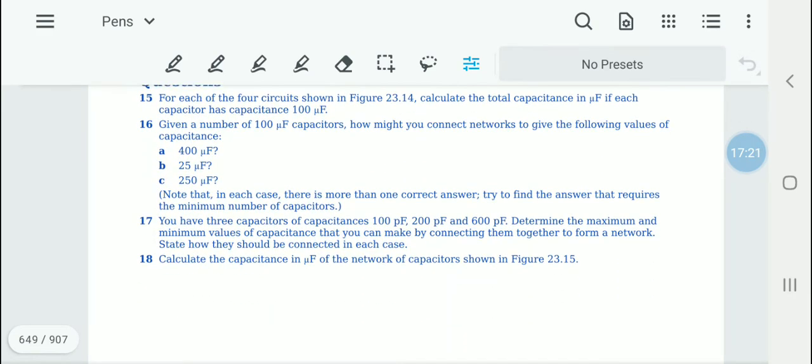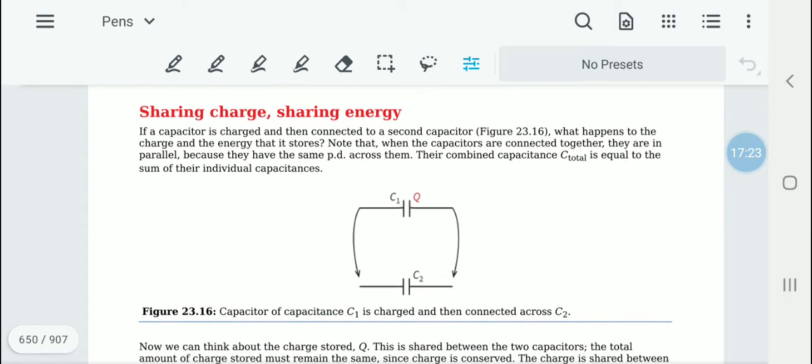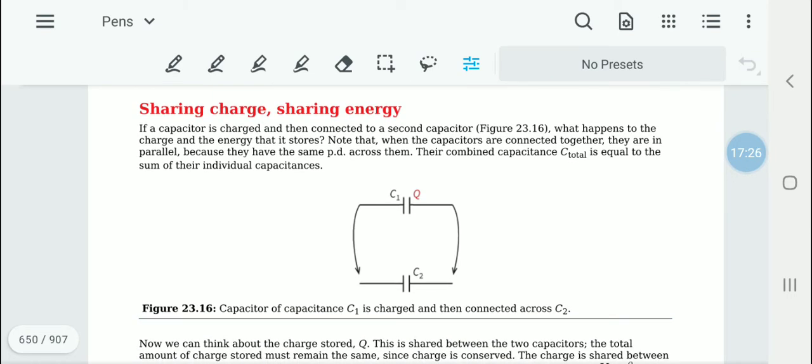Then let's do question number 15, 16, 17 and 18. Then leave a line and write. When a single capacitor is charged and connected to another capacitor, they would be in parallel because they have the same PD across them, and their combined capacitance C total is equal to the sum of their individual capacitances.